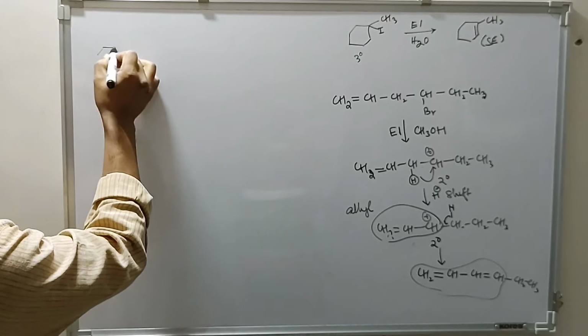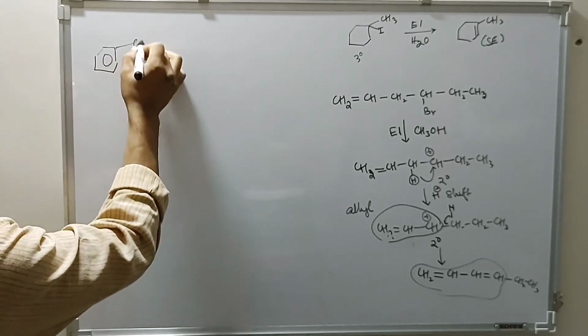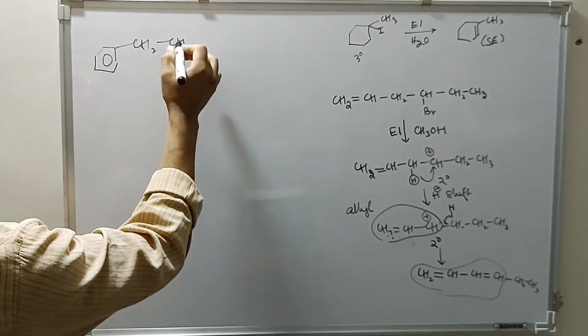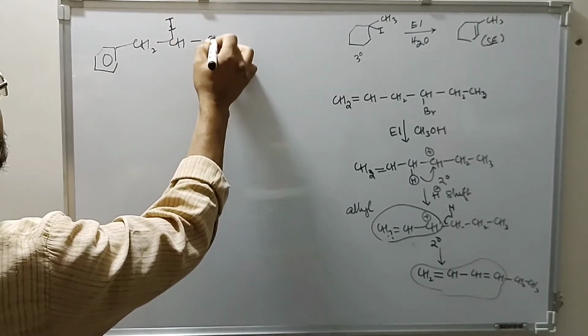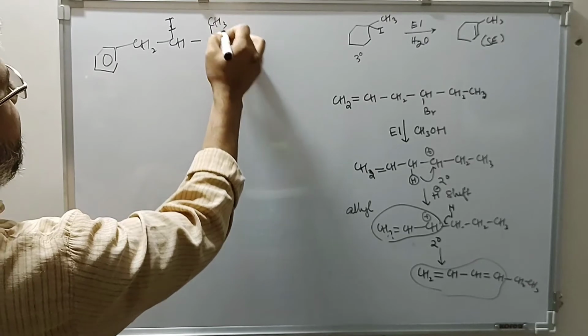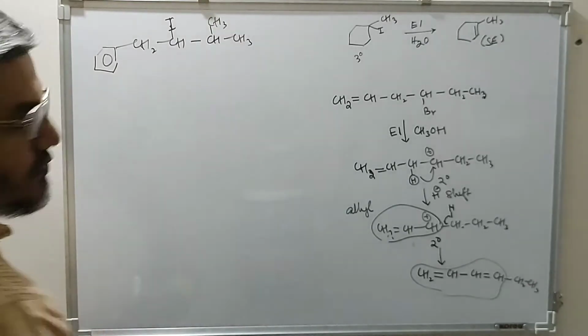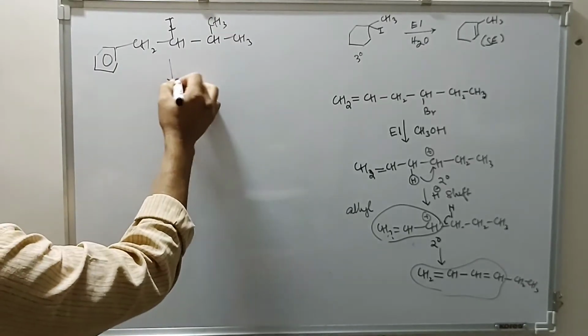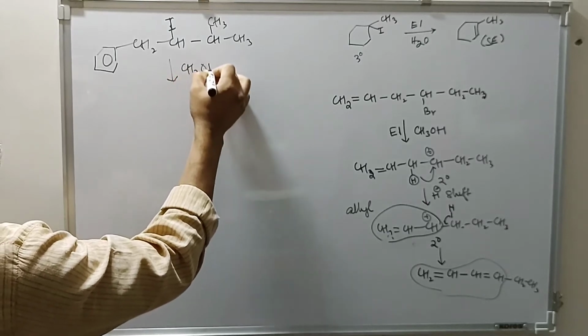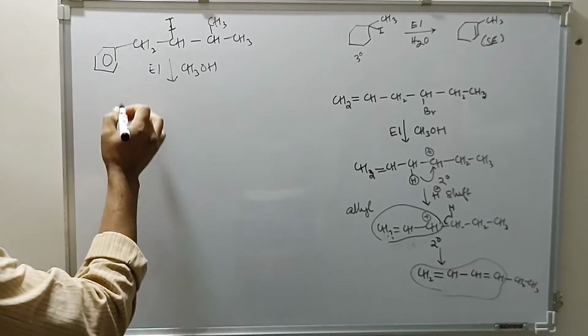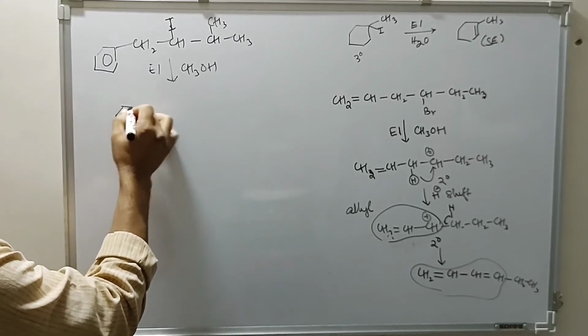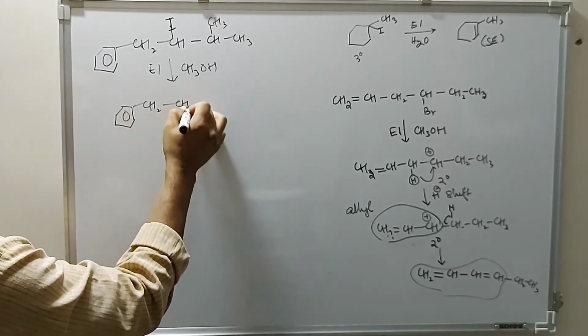Like this, we have this benzene substituent, CH2, CHI, CH3. Now this is made to react with polar protic solvent under E1 condition. So in the first step, there will be formation of cation.